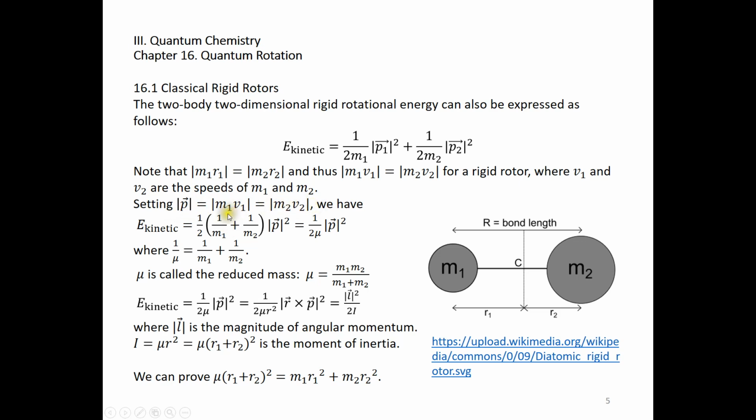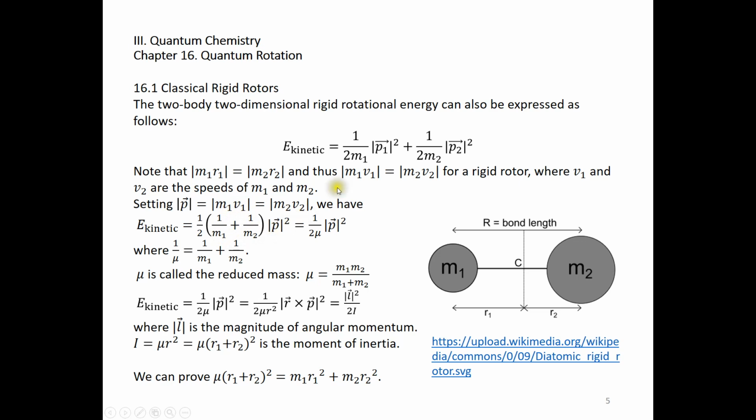Now we can further simplify the expression of the kinetic energy of the two particles. We'll just combine these two because they have a constant, this p squared, in common. So the kinetic energy is 1/2 times the sum of 1 over m1 and 1 over m2 multiplied by p squared.